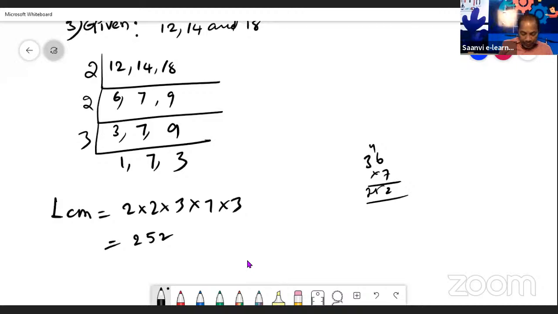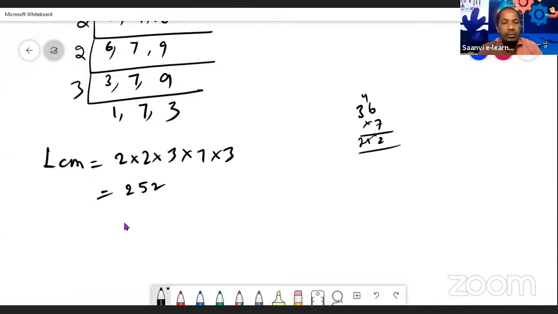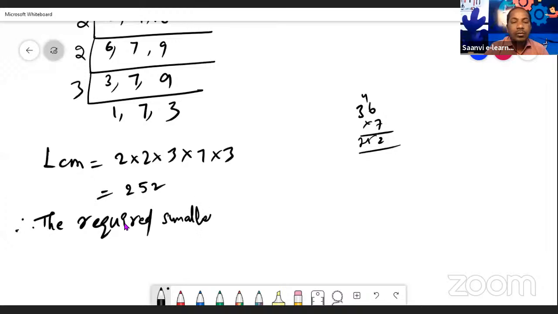Now, actually, what is asked here? Find the smallest number is asked. So therefore the required smallest number is 252.